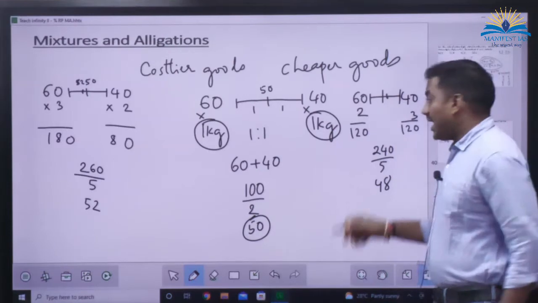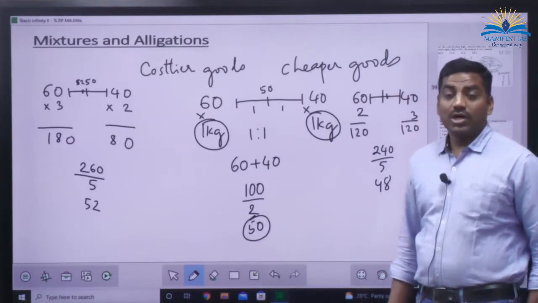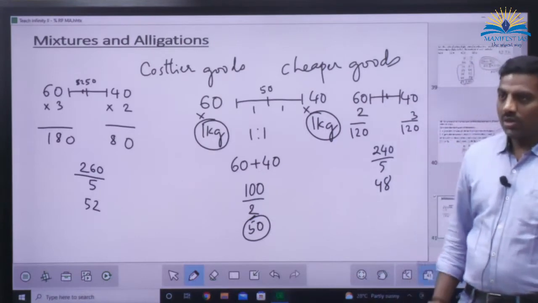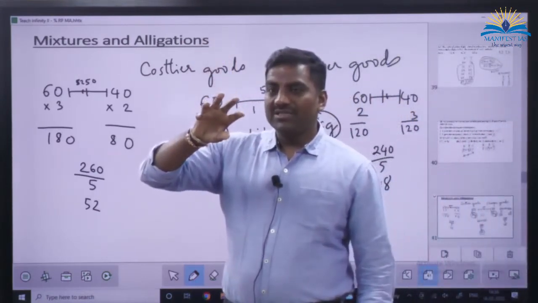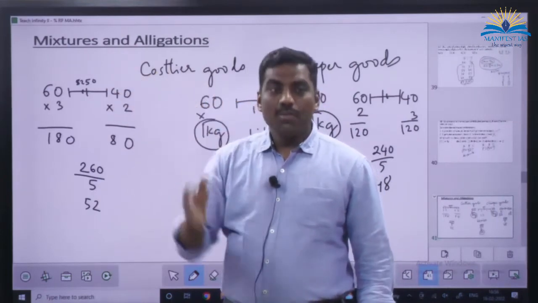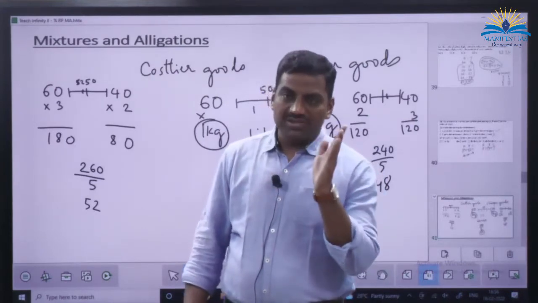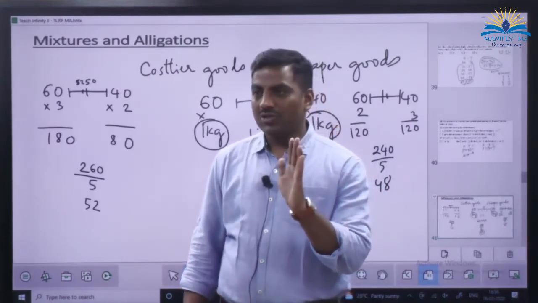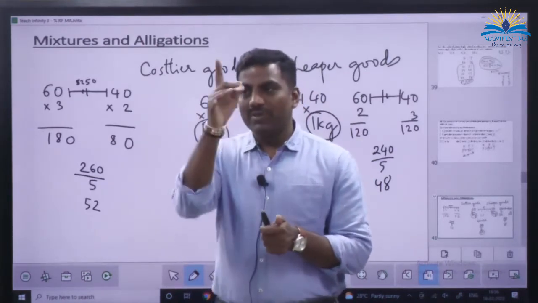Why is my price bending towards the lowest price? Because cheaper goods are more. So the more the costlier goods, the price of the mixture will go towards the costliest. The more the cheaper goods, my price will go towards the cheaper. Understood? If they are exactly in 1:1 ratio, the price will be in the middle.